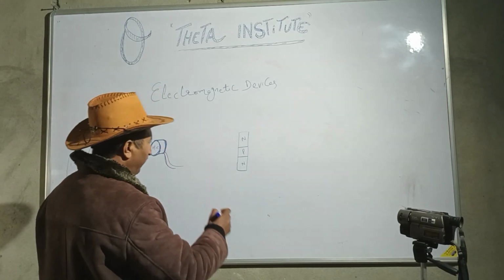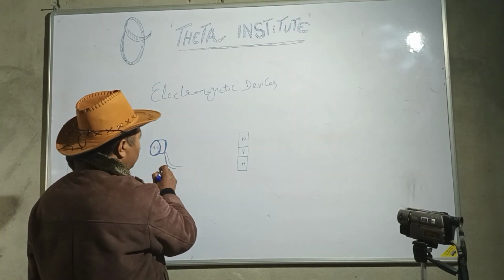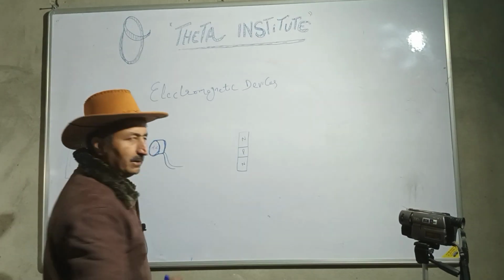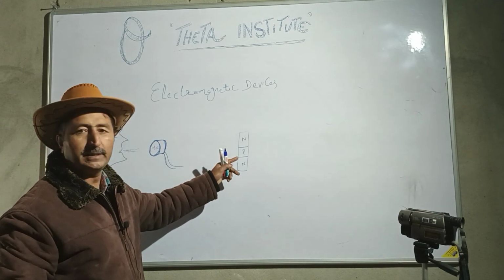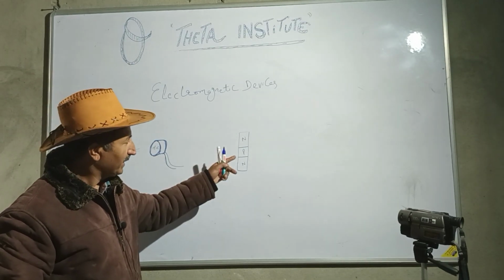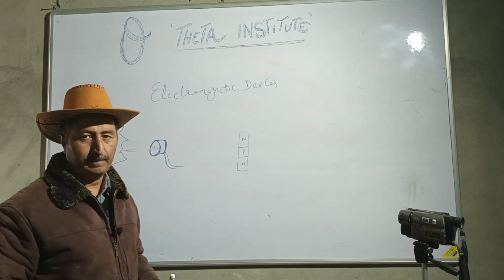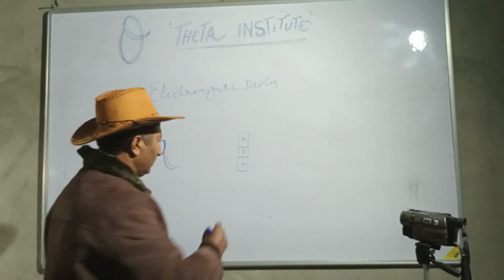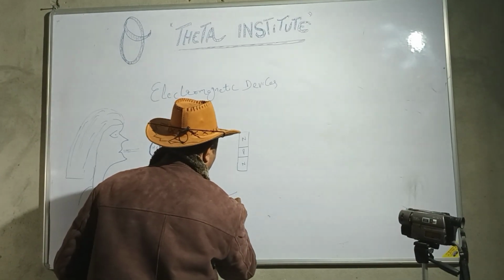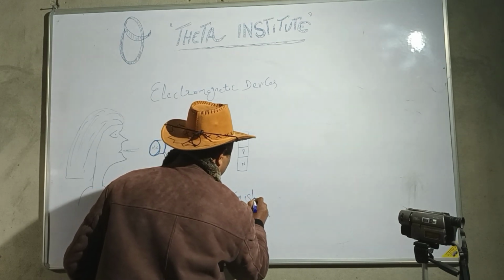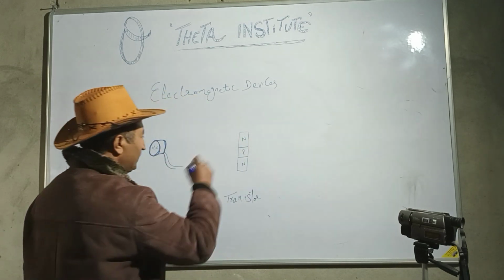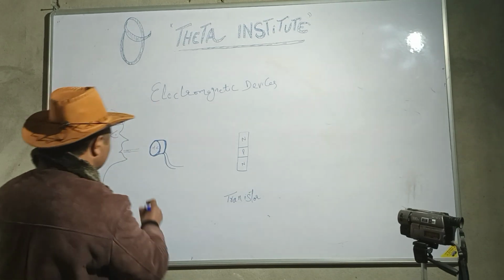When we feed this weak signal to a transistor made up of N, P, N materials, two N materials, in between is a P material. This transistor amplifies the signal. This is microphone.